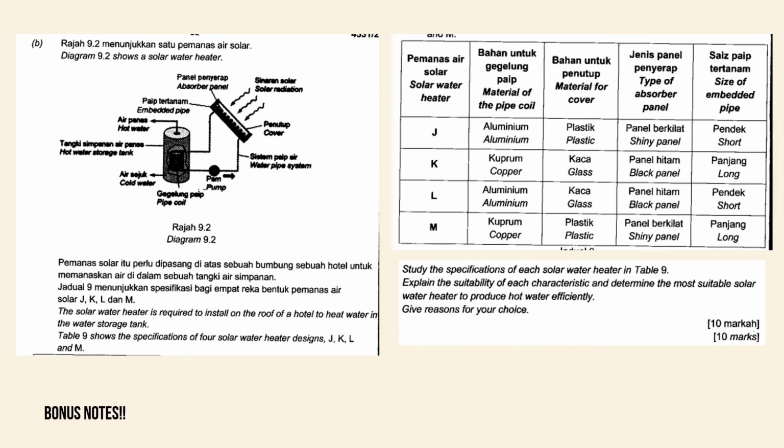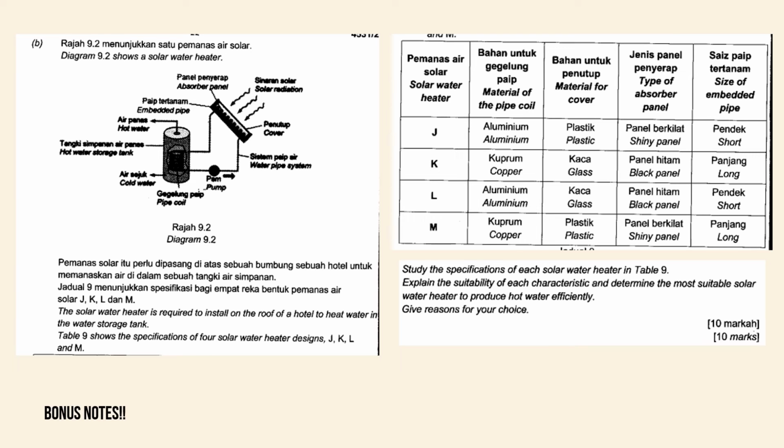Now, this is just some bonus notes. Usually in the examination, specific heat capacity is almost guaranteed to come out in the last section of paper 2. It will usually give a question where they give these specifications of different items, and they ask us to explain the suitability of each characteristic and choose which is the most suitable product for the question that they want.